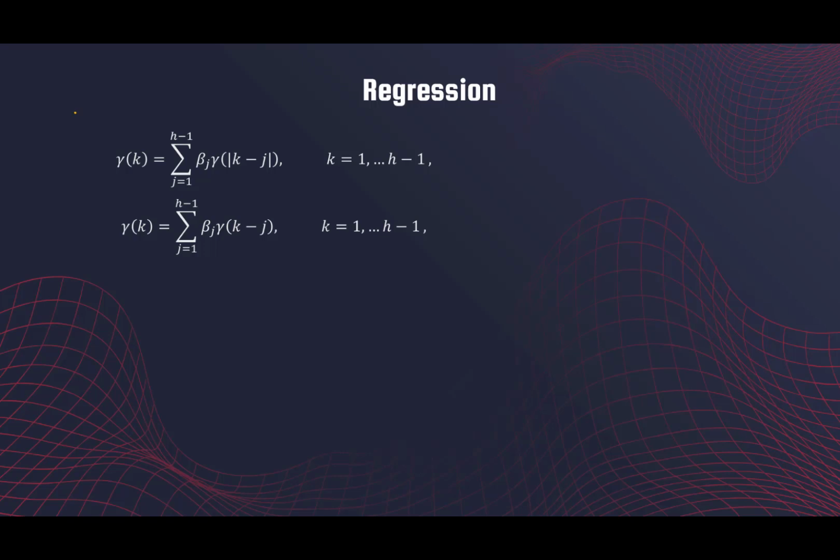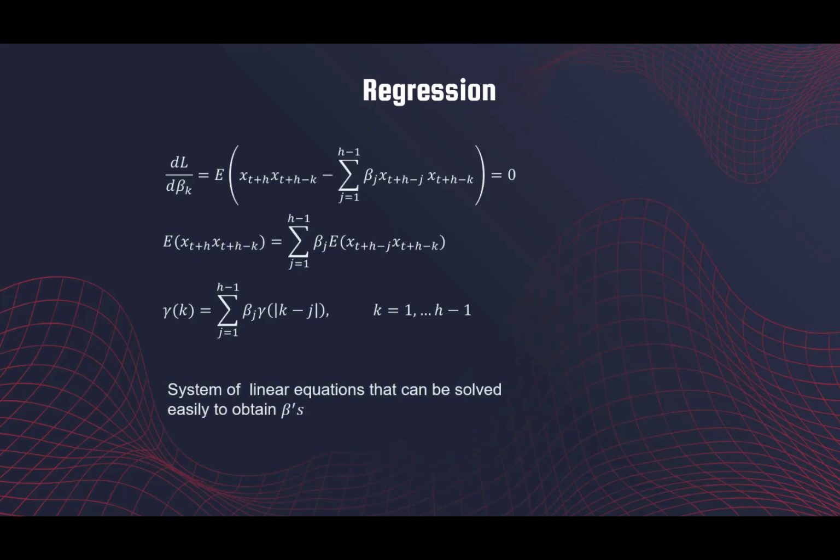Before I proceed, why do we have absolute value of k minus j? When you write the expected value of x at t plus h minus j and t plus h minus k, it is going to be gamma of this minus this.